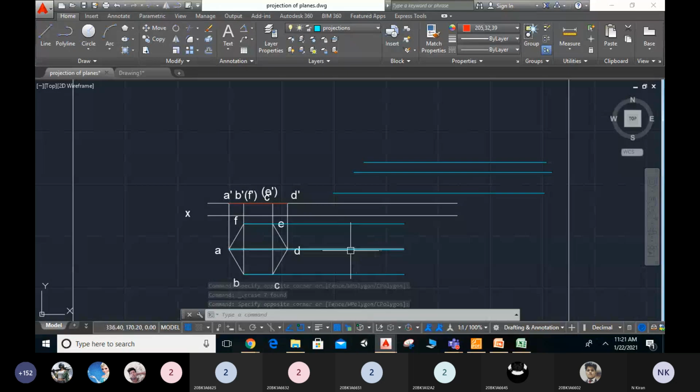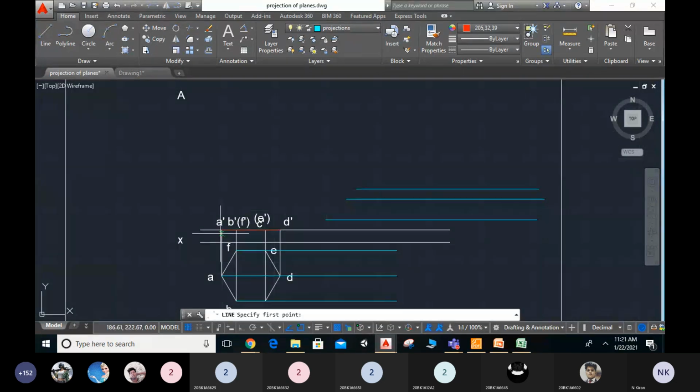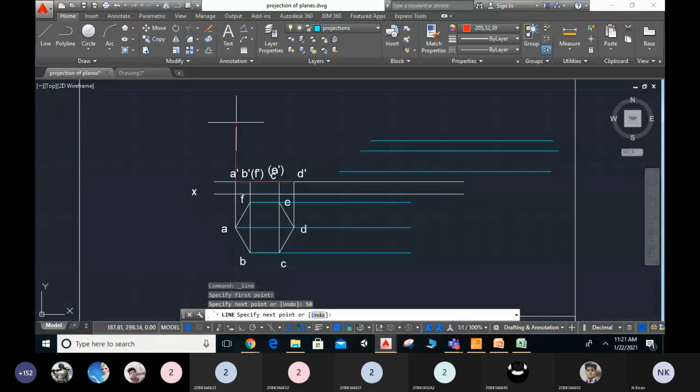What is the height of the prism I have given? 50 mm. Is it right? Okay, so I will select the line as 50 mm. Enter. As it is showing very less, let me increase it up to 70 mm. Select a line and I will select this one to 70 mm. Now this is the height of the prism.